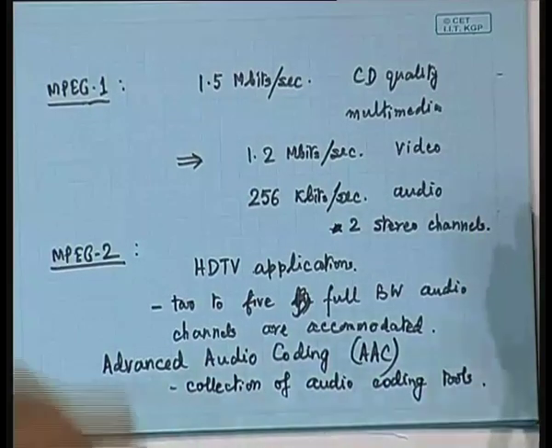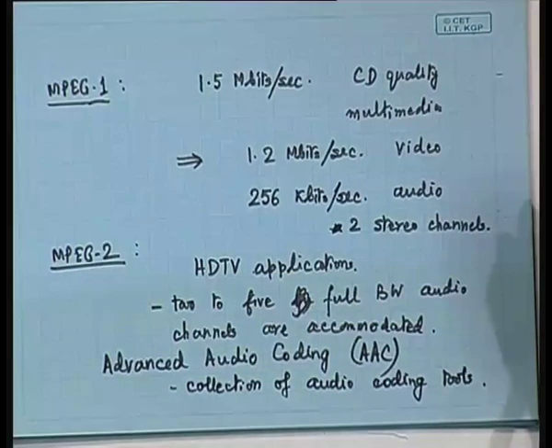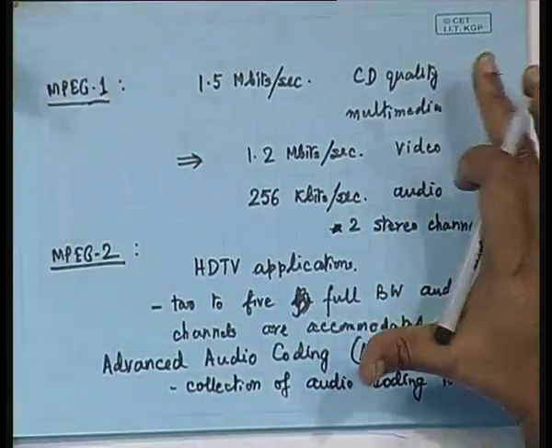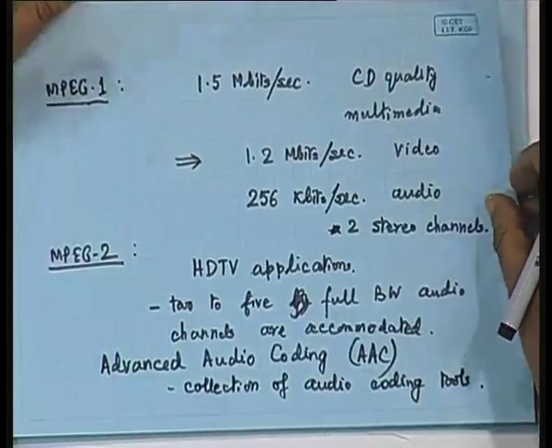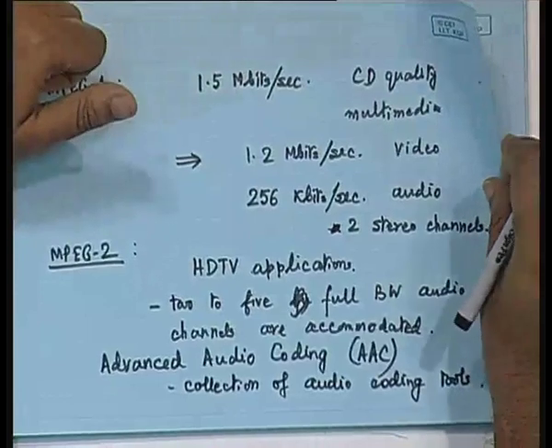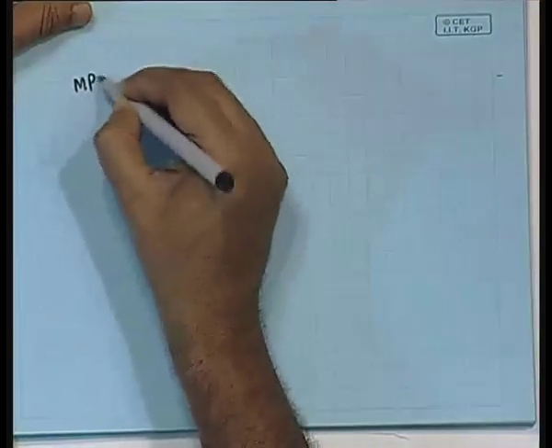Okay. So this is about MPEG 2. So MPEG 2's audio part is an advanced version of what MPEG 1 supports. And then also there is further enhancement which is done in MPEG 4.